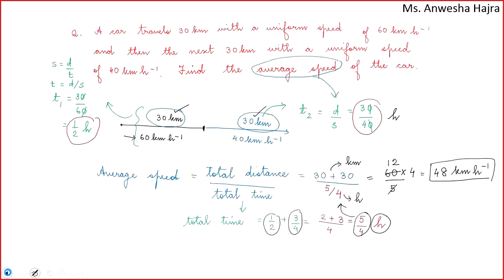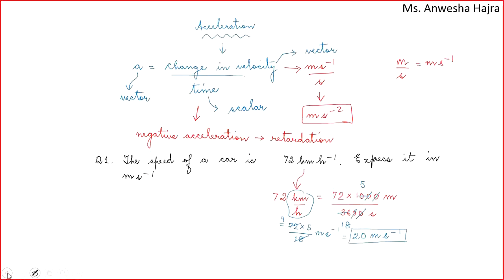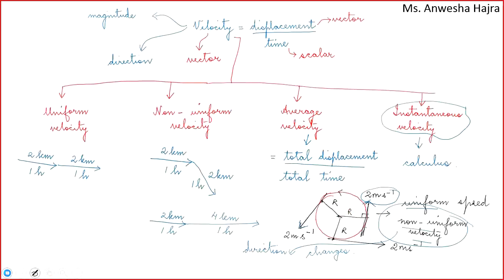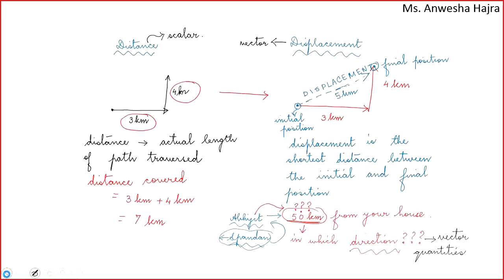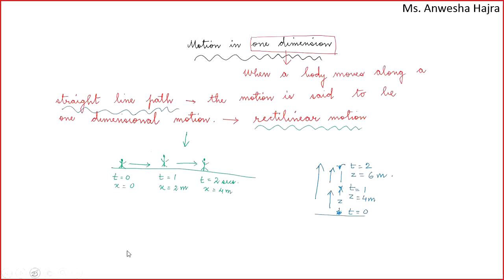If I go back to the very beginning of the class, we were doing motion in one dimension, which we said that only one coordinate will change with time, either x or y or z.